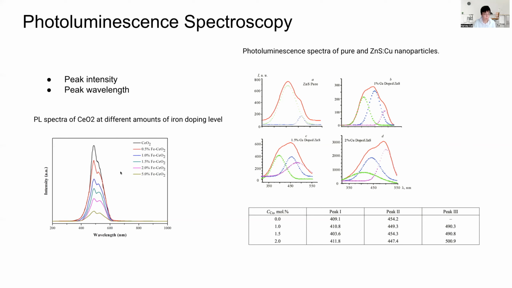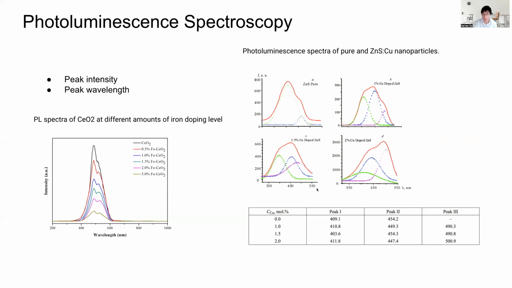If we look at this graph, at different amounts of iron doping in the cerium oxide, we can see that the peak intensity and the peak position differ by a little bit with each shift in the composition. And by comparing those graphs and lines, we can have a peek into the material's impurity and defects.